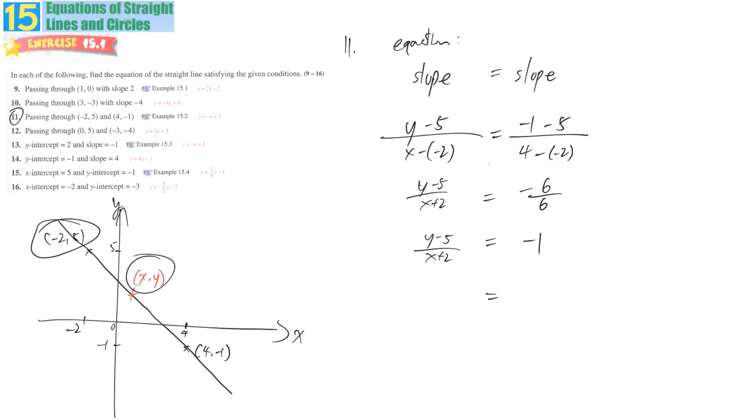Then the next step is just to tidy up the equation and make it slope-intercept form. So the slope of this line is negative 1, while the y-intercept is 3 here.